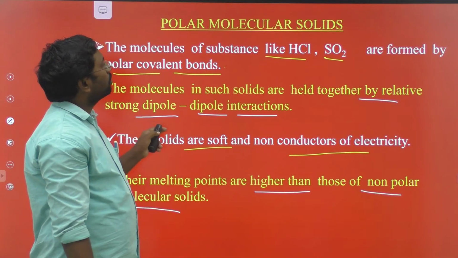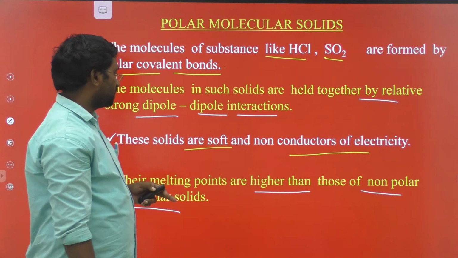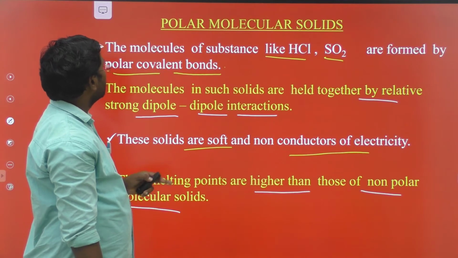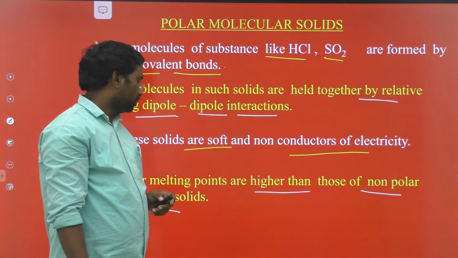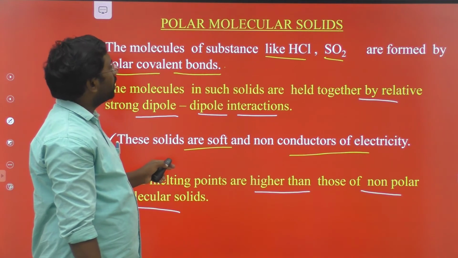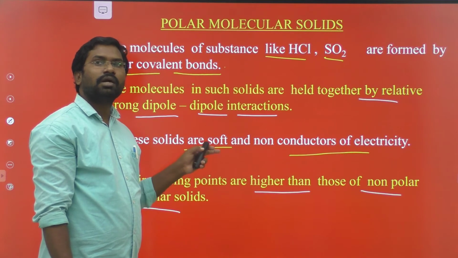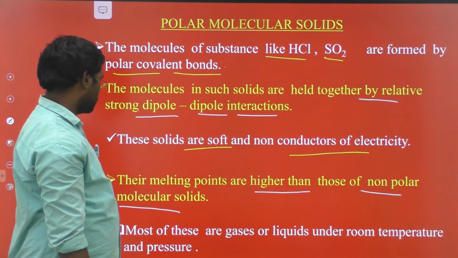In non-polar molecular solids, a non-polar covalent bond is present, while in polar molecular solids a polar covalent bond is present. That's why their melting points are much higher.